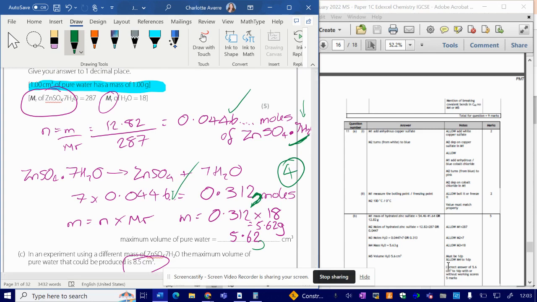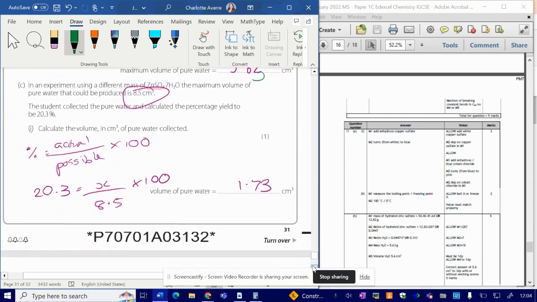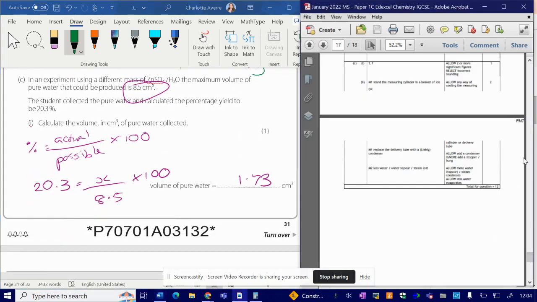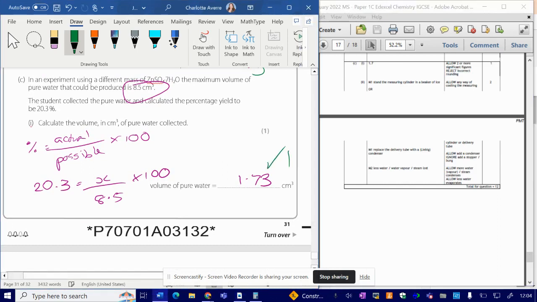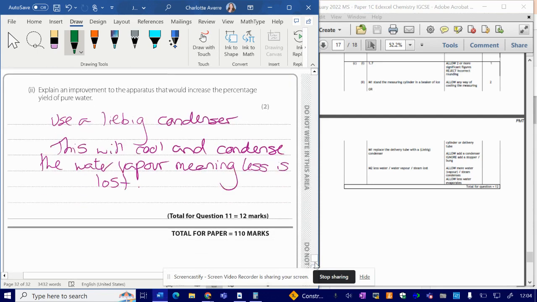Actually, I wouldn't, because it says correct answer of 5.6 to 1 dp, which it would have been if I had left it as that, so actually 5. Okay, and then when we look at the final bits, 1.7, allow 2 or more significant figures, so no problems there. And then replace the delivery tube with a Liebig condenser, yes, and less water will be lost, 2 marks.